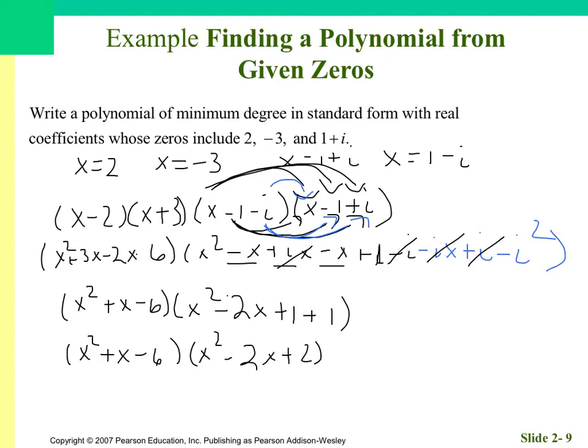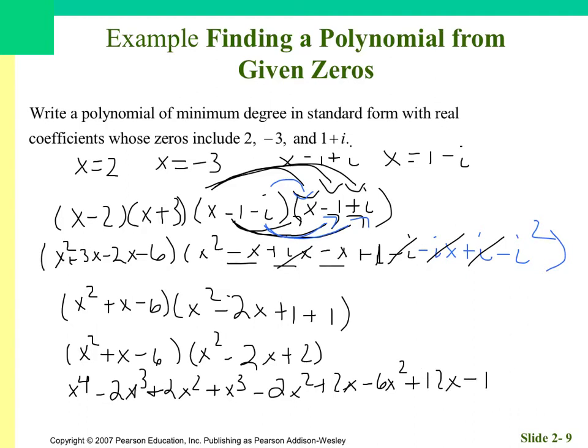So now we have to distribute all these and combine like terms. So x to the 4th minus 2x to the 3rd plus 2x squared plus x to the 3rd minus 2x squared plus 2x minus 6x squared plus 12x minus 12.